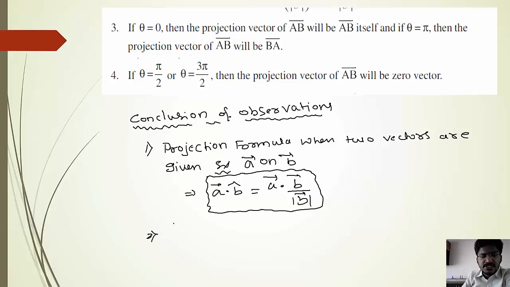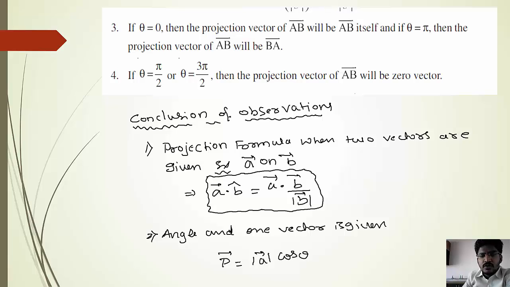And the second one is, whenever an angle and one vector are given, the formula will be projection vector P equal to magnitude of vector A into cos theta.